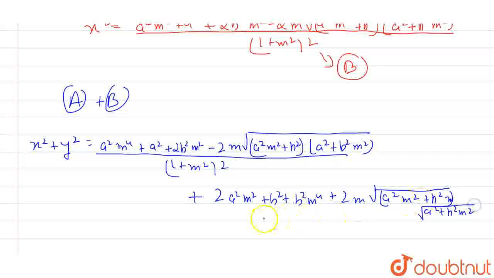This is also under root, and the whole has the LCM of 1 plus m square whole square. Now we can see that both the terms have the same denominator, 1 plus m square whole square, so they will cancel out with each other.